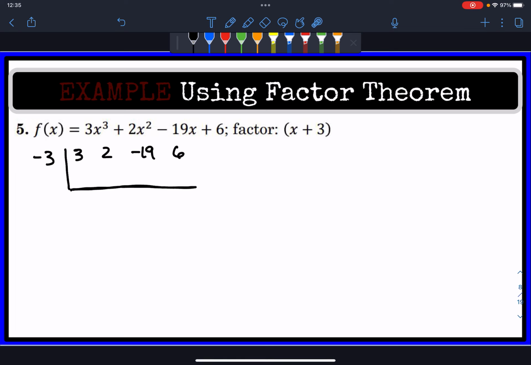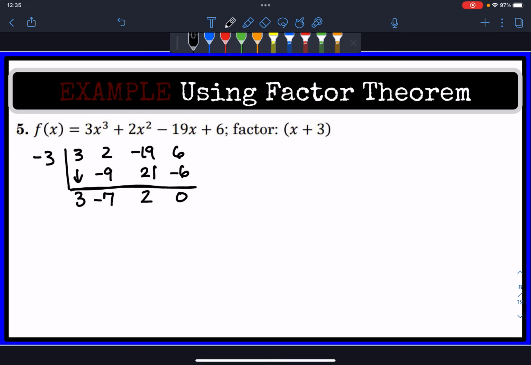Again, notice that no power is missing. We start with x to the third, we have an x to the second power next, the first-degree term, and our constant term, so no reason to put 0 on any of them. So start by bringing down the 3. I'm sorry, that's -9. So this is now -7, sorry. -7 times 3 is -21. 2, -6, and 0.